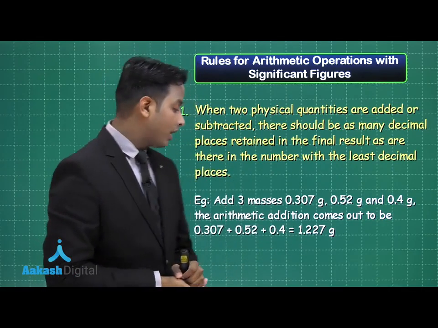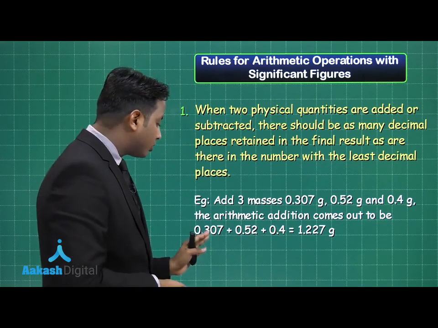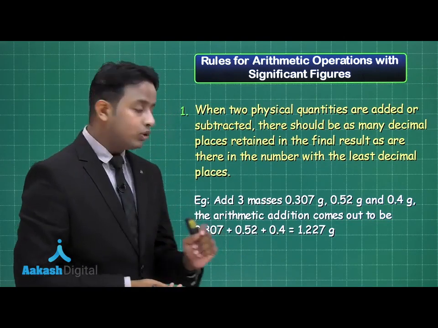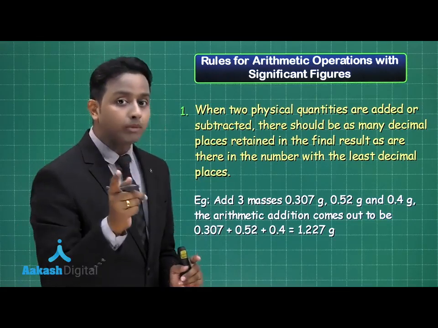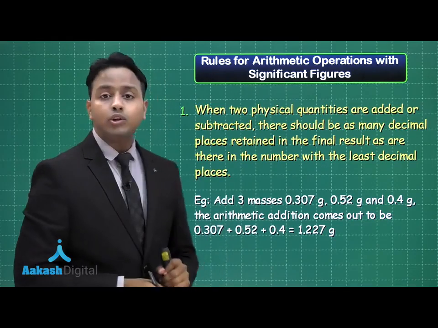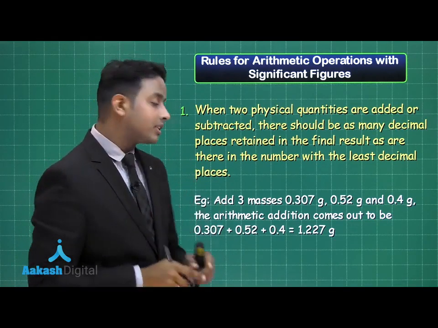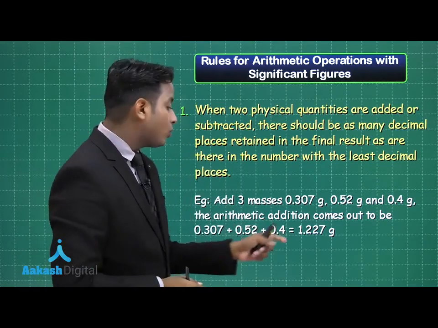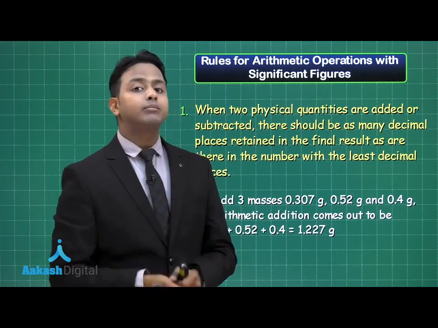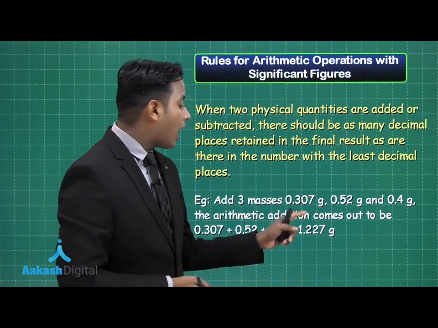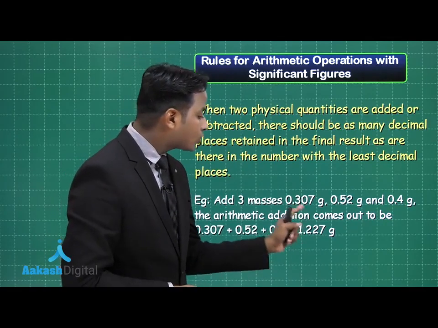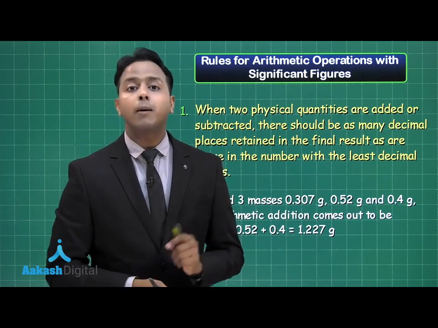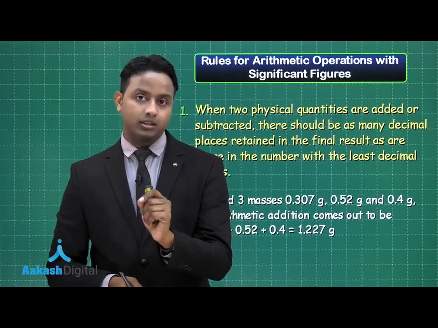But tell me, when you are adding 3 numbers, in the first number you are precise up to 3rd decimal place. In the second number you are precise up to 2 decimal places. And in the third number you are precise up to 1 decimal place. But tell me, how can you be so certain about the answer up to the 3rd decimal place?